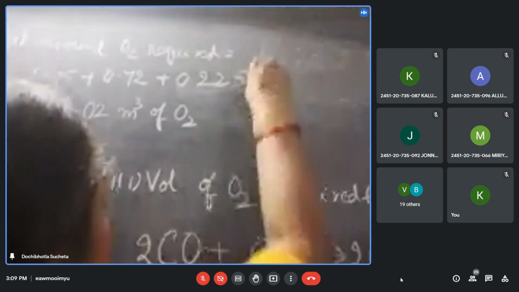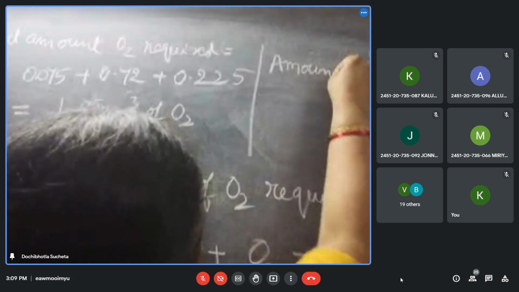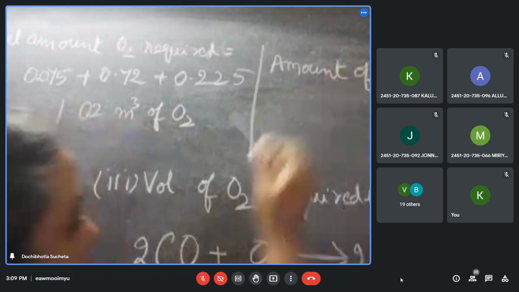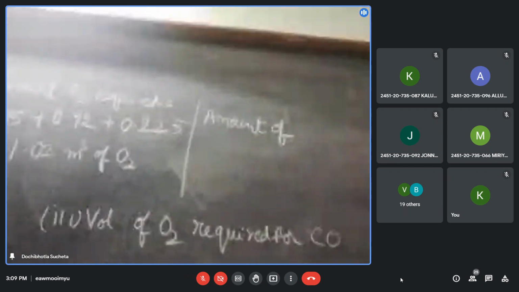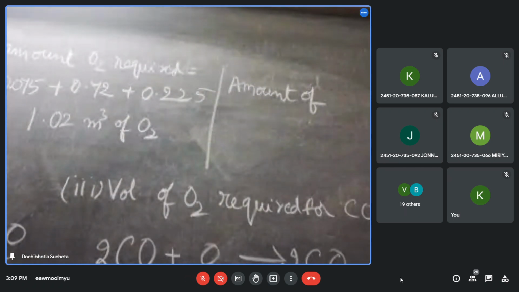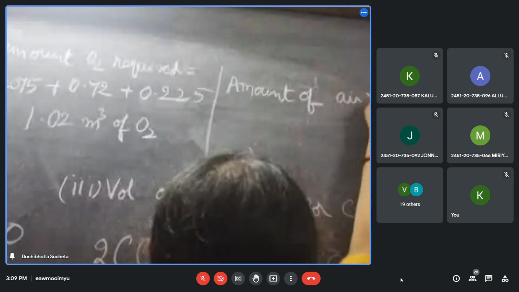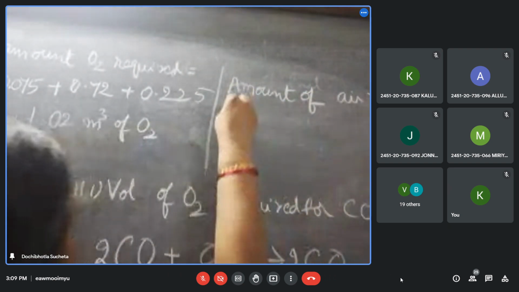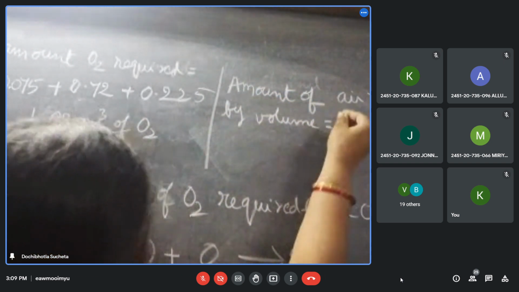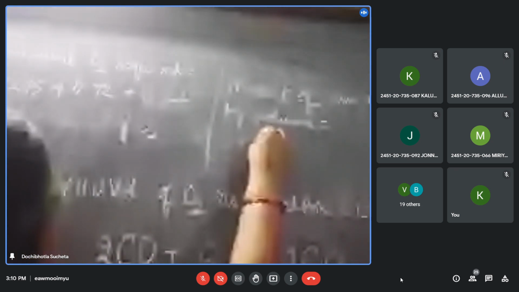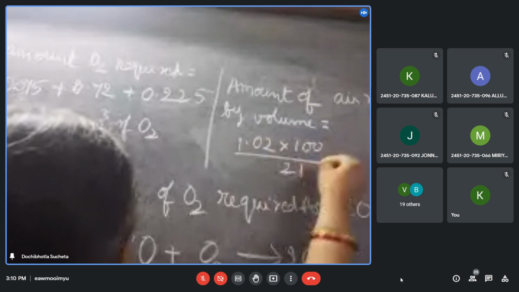Amount of air required by volume is equal to 1.02 into 100 divided by 21.